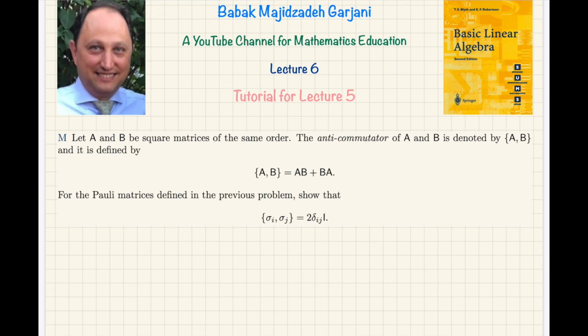So the commutator of A and B is defined to be AB minus BA, but the anti-commutator is defined to be AB plus BA. For the Pauli matrices defined in the previous problem, show that this is the case. Of course, this I is the 2 by 2 identity matrix. So that's more or less the same thing, okay?